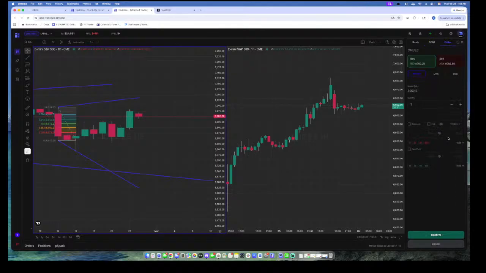Oh, nice! I hit the jackpot. Look what I found: stop loss, trail, take profit. Oh, phenomenal. And I can do it in ticks too. I love that. Great, I am glad I played around with that.